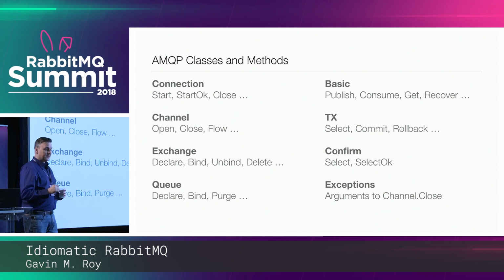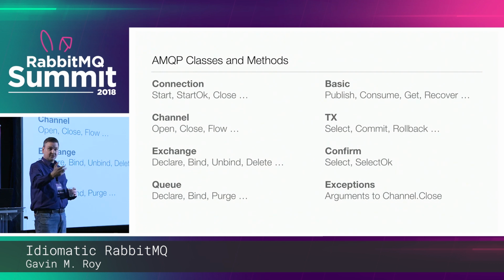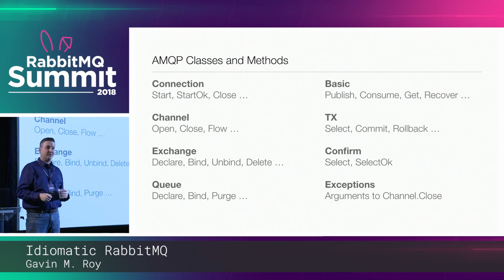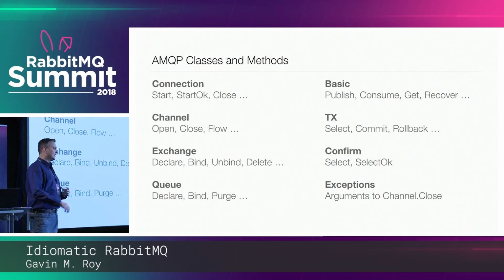So for example, the server sends a connection start, connection being class, start being the method, and we're going to respond with a method call of connection start OK, and we're going to pass arguments along with that. It's a little counterintuitive from that perspective.